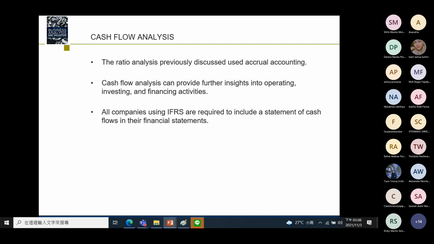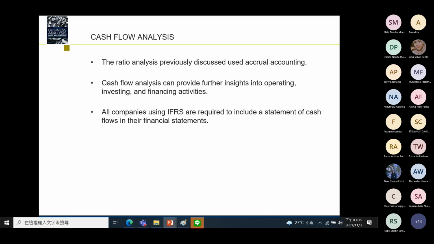In the indirect format, firms derive their operating cash flow by making accrual adjustments to profit or loss. Because the indirect format links the cash flow statement with the firm's income statement and the balance sheet, many analysts and managers find the format more useful.